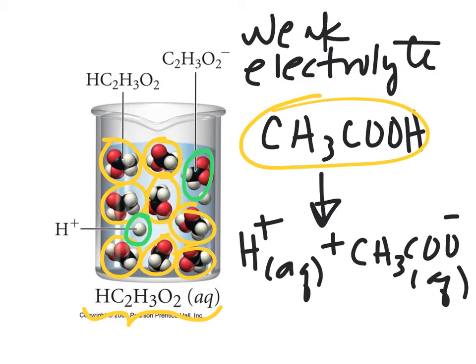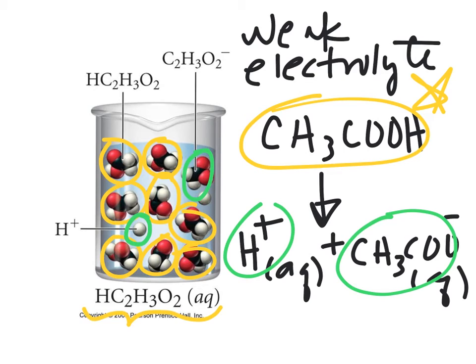So most of the molecules have stayed together in this form, which is not ionic, it's the whole molecule. This form in yellow is a non-electrolyte, while the forms in green are the ions that can serve as electrolytes.